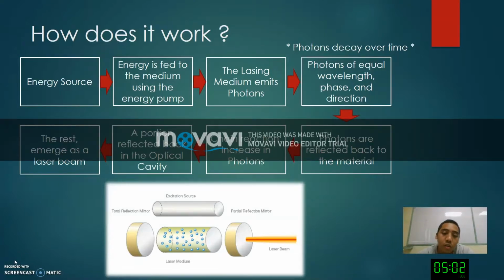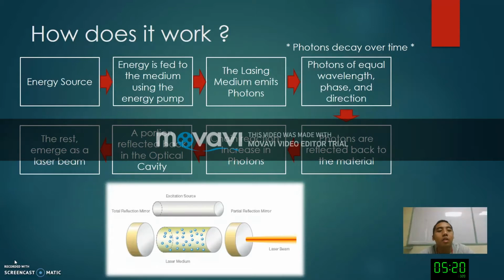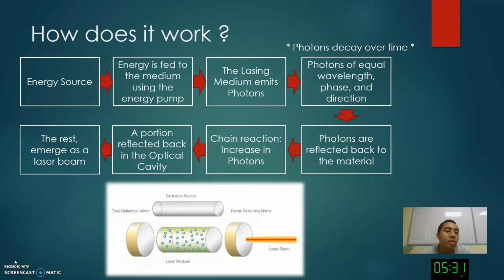Next, the photons inside the optical cavity are reflected back to the material through the use of the reflective material inside the optical cavity. This increases the number of photons inside the optical cavity, while a portion of the photons generated are reflected back in the optical cavity. The rest emerge as a stream of concentrated laser beam.